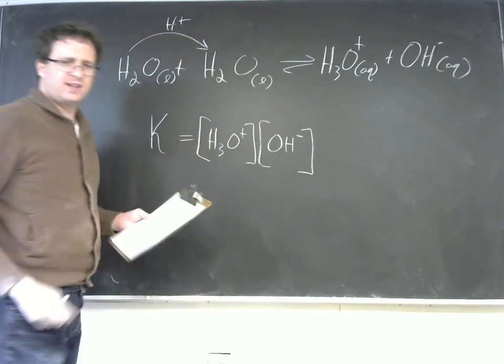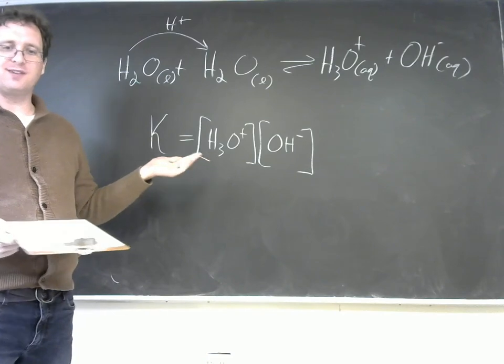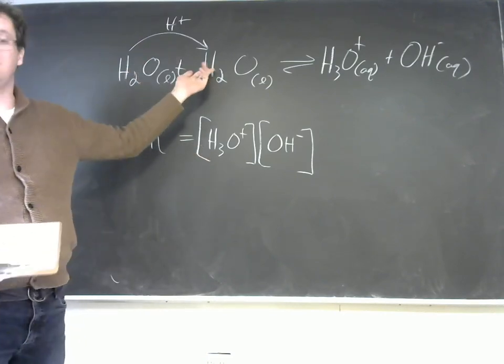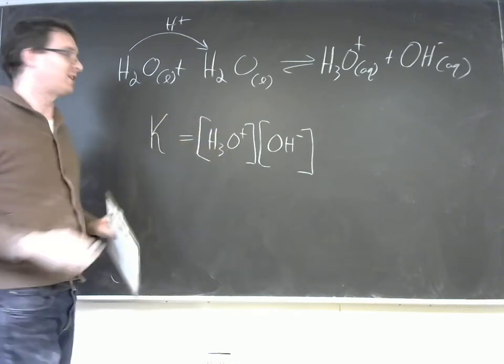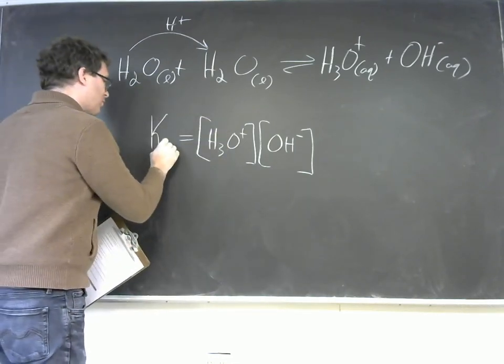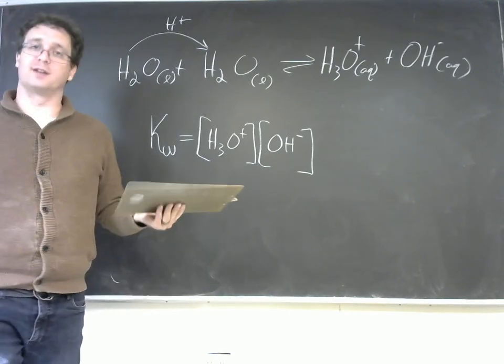And this isn't really a Ka or a Kb. It's kind of both a Ka and a Kb together. It's really a unique and special type of a constant. So what we will call it is Kw, or the water autoionization constant.